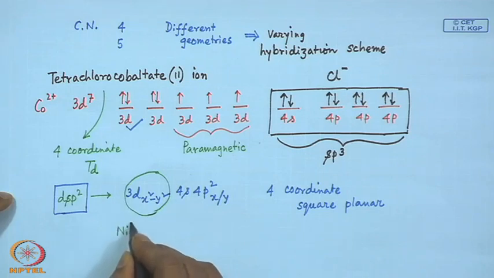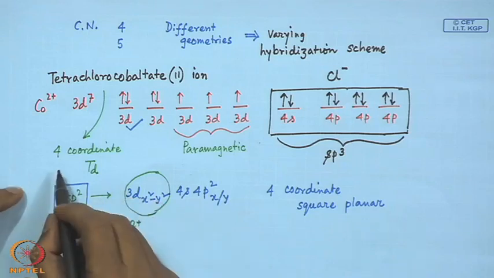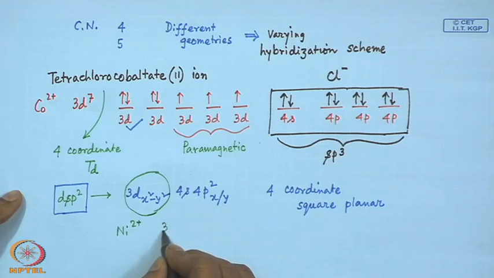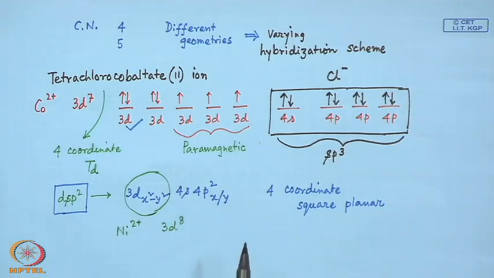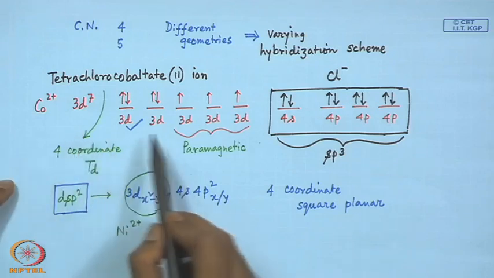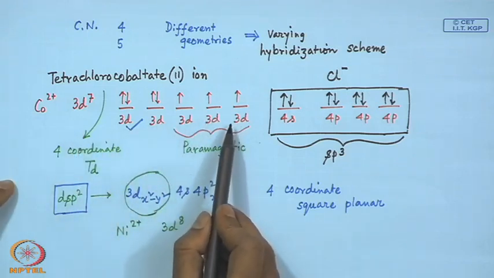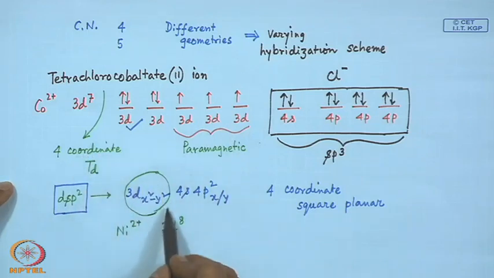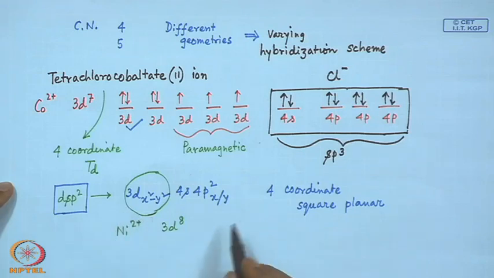So if it is Ni2 plus, we all know it has the next element like cobalt 2 plus, so it will have 3d8 electron configuration. In case of cobalt compound, we are having 5 orbitals available to accommodate 7 electrons. Now we have utilized one of such d orbitals which are in the xy plane.